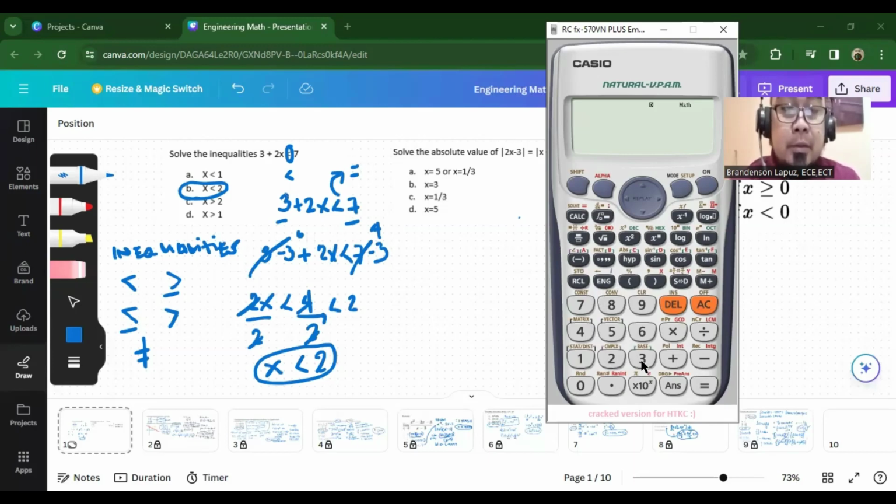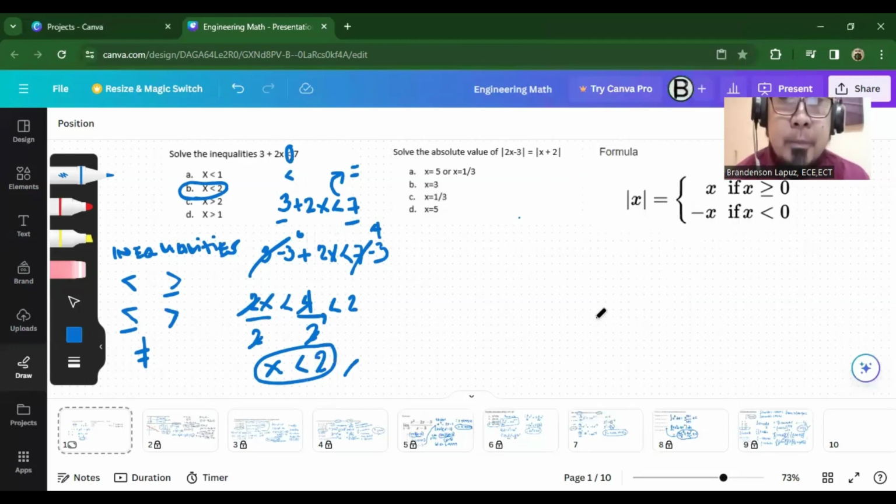We have 3 plus 2 alpha x, then equal to 7, and then you can calculate it with the shift solve button. This will give us a value of 2. For x, don't equate it to 2; instead write the original inequality sign, which is x less than 2.